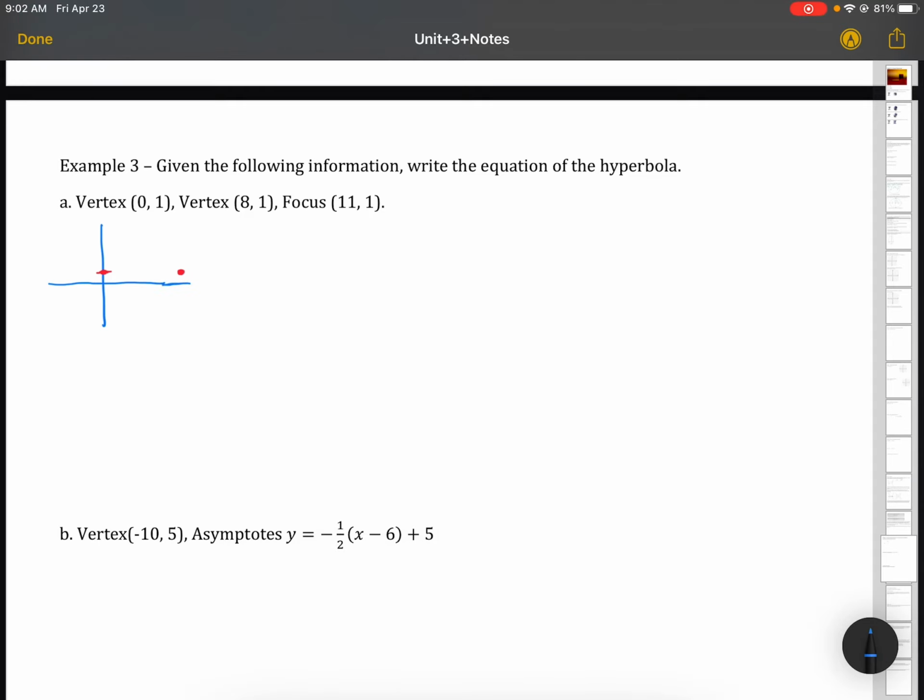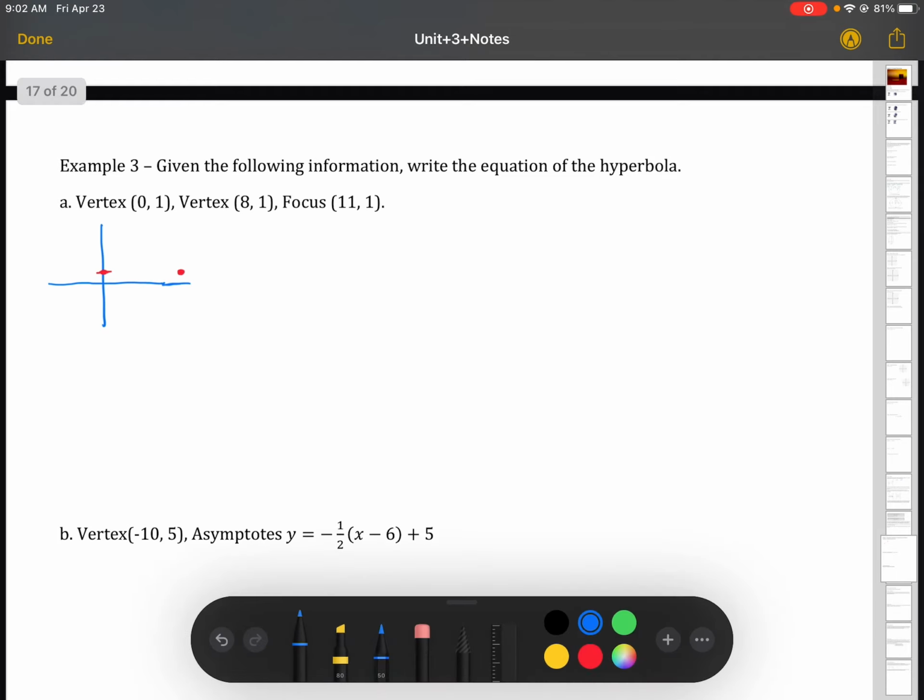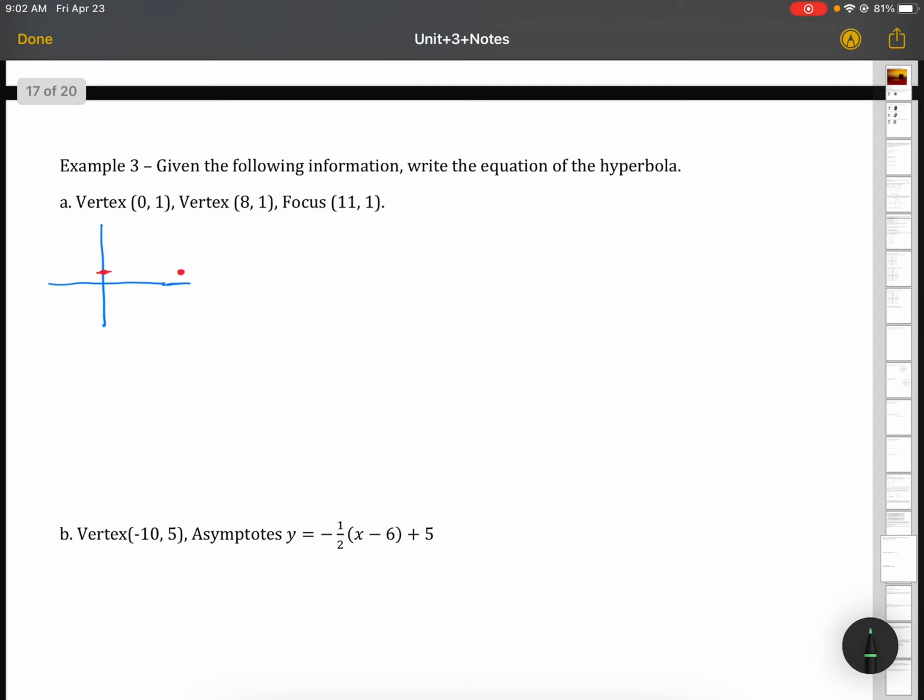So since those are our vertex points, the center of the hyperbola is going to be the midpoint between 0, 1 and 8, 1. I'm pretty sure you can deduce then that our center has a coordinate of 4, 1. So right now, because one vertex is to the left and the other is to the right, we know our hyperbola opens left and right.